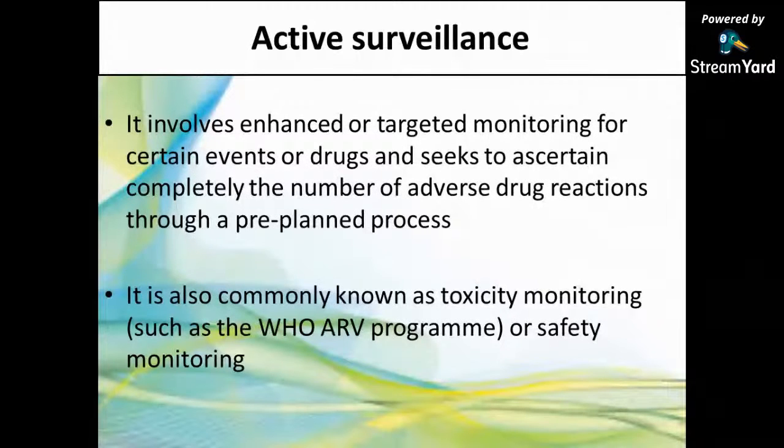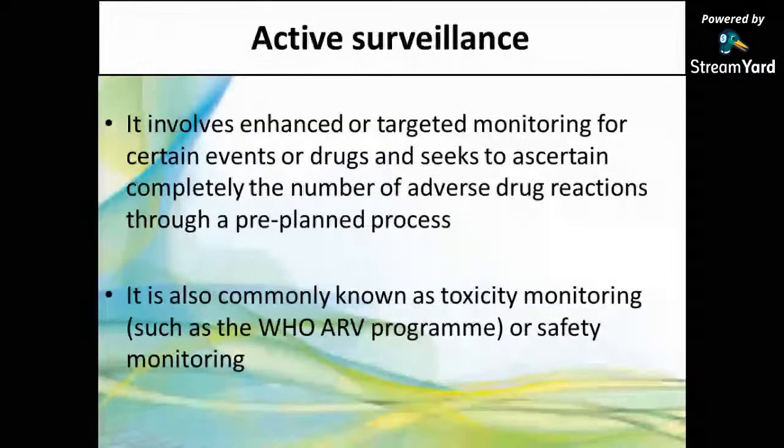But in case of passive surveillance, the reports are directly reported by the physician or the patient. So that's why in passive surveillance, the chances of underreporting are more, while in case of active surveillance, you can expect complete information about the individual case. So active surveillance has an advantage, that all the information you will receive will help in detecting the signal.